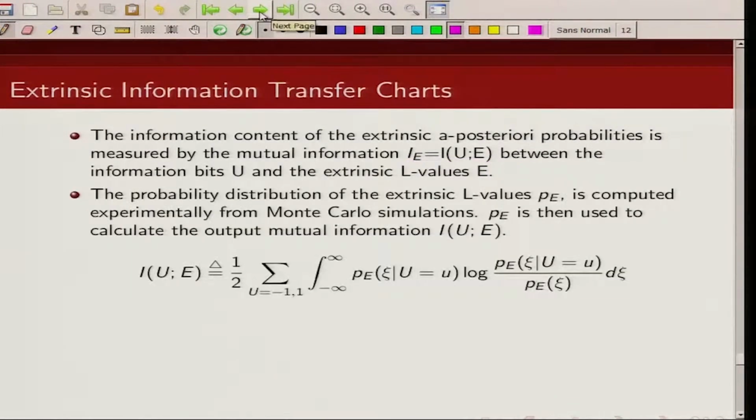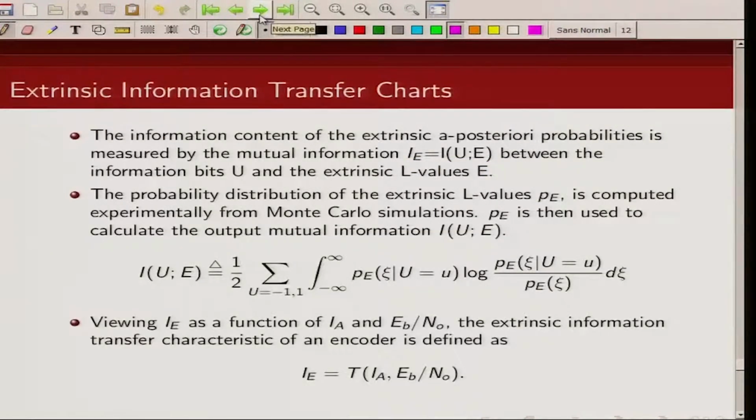So, what was done in this technique was, you can view the mutual information corresponding to the input and extrinsic value as a function of mutual information of a priori values and information bits and operating signal to noise ratio.